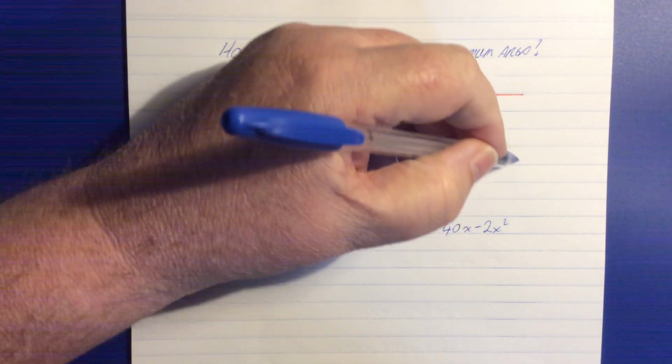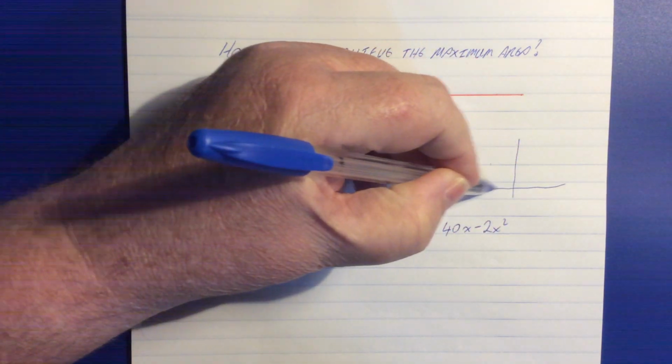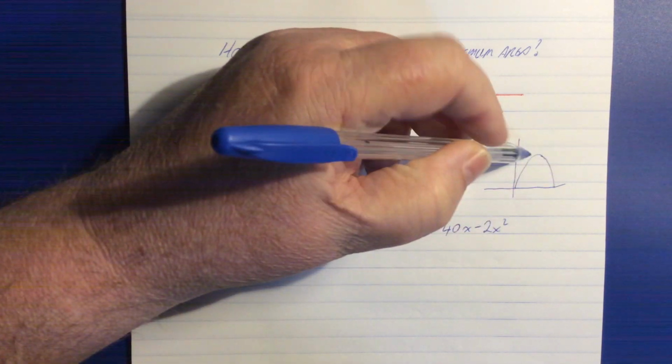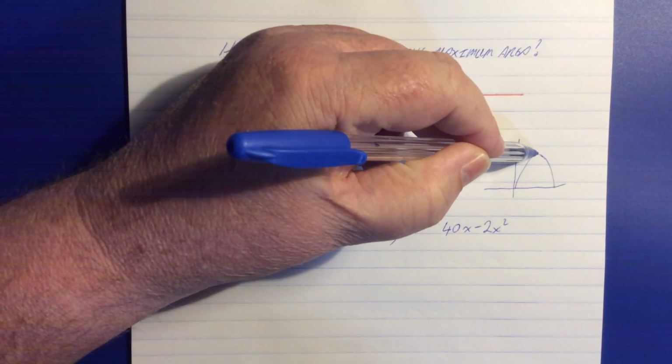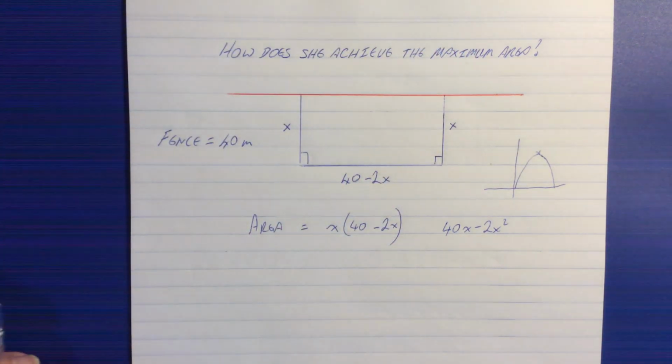Now, why? Well, I'll just do a quick sketch of what this might look like. It will look like that. It'll be an inverted parabola, and our maximum will be there. Okay, let's go to work.